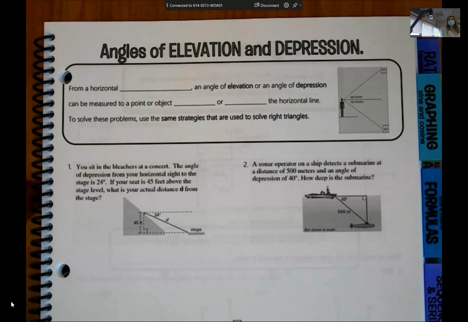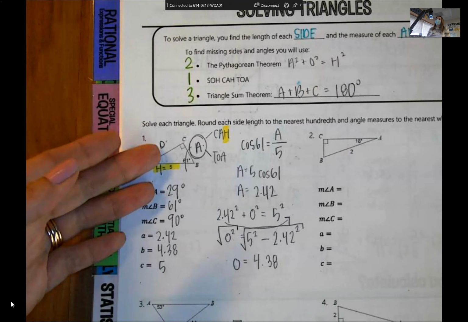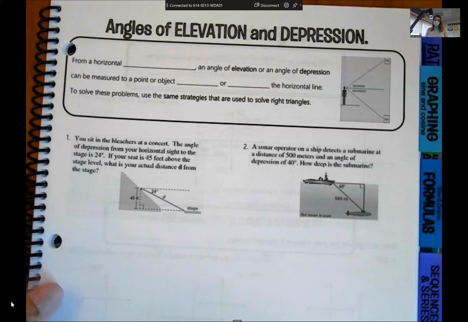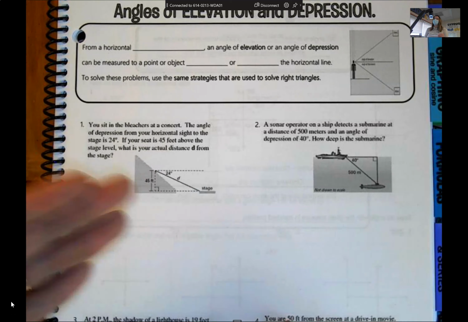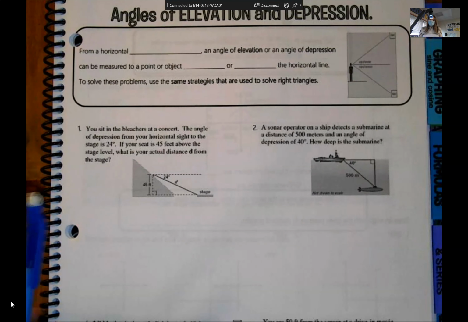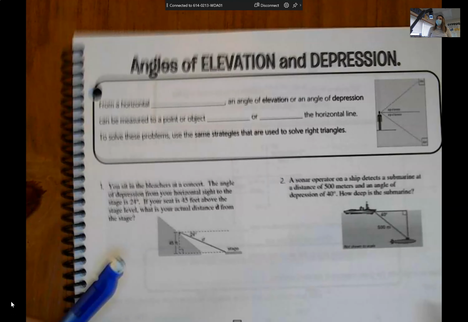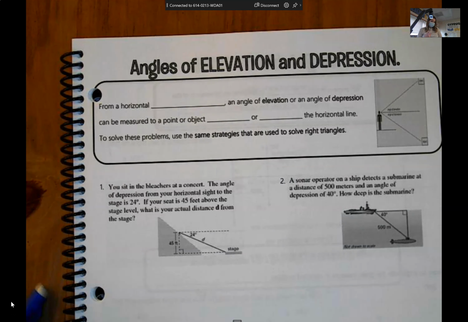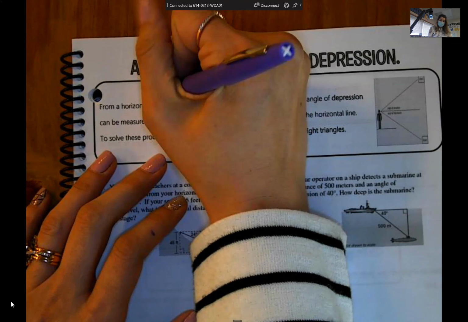When you see angles of elevation and depression, that should indicate to you that these trig problems are real world problems. I'm not just giving you a triangle and asking you to find a side. I'm giving you a real world setup and asking you to find a real length. So when we work with angles of elevation and depression, we always base our triangle off of a line of sight.